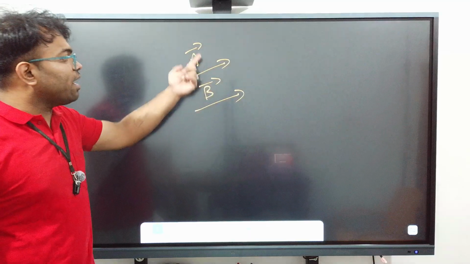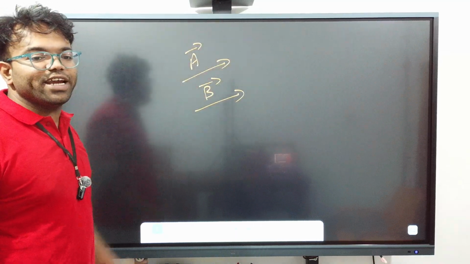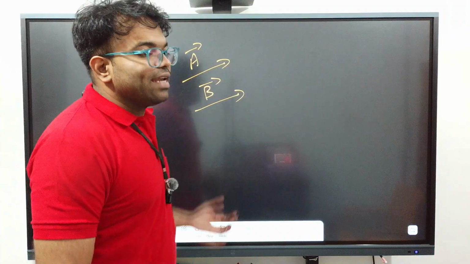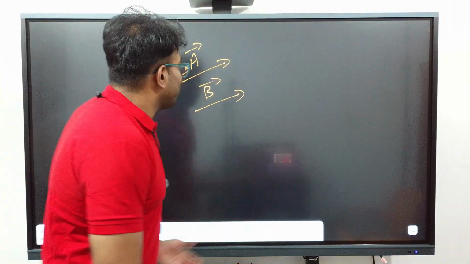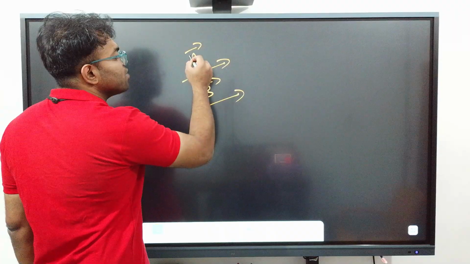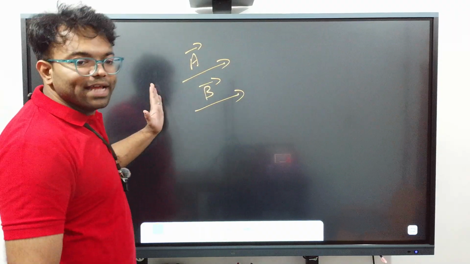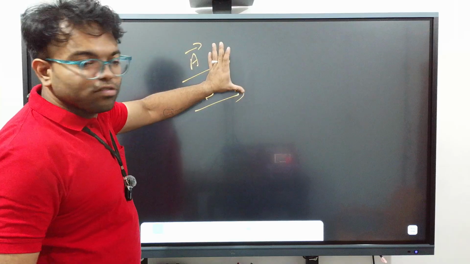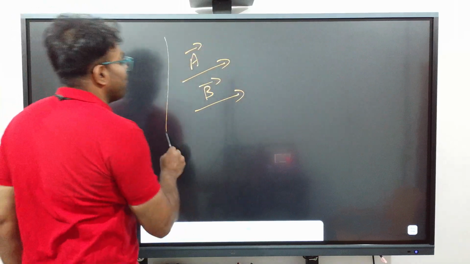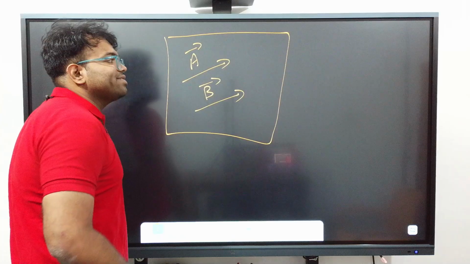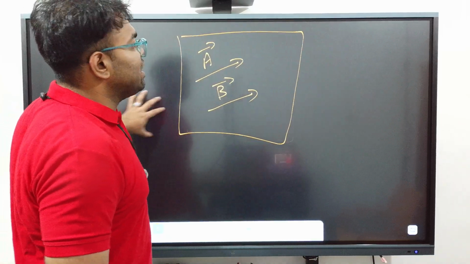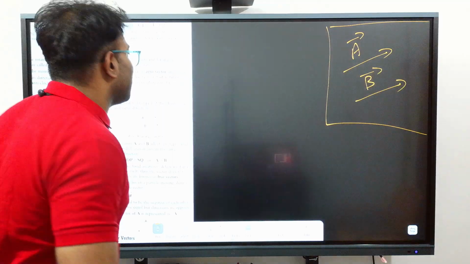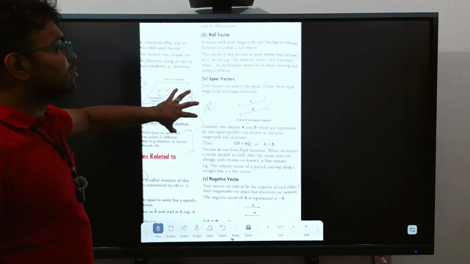If two vectors are parallel to each other and both have the arrow in the same direction, we say they are equal vectors. Why? Because their magnitudes are the same. See, look at this. The length is the same, and the direction is also the same. So if you have equal magnitude and the same direction, then these two vectors are equal vectors. Understood?